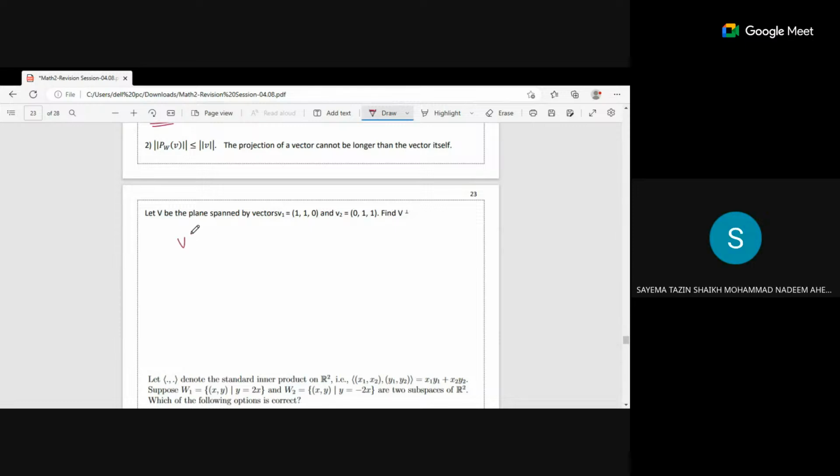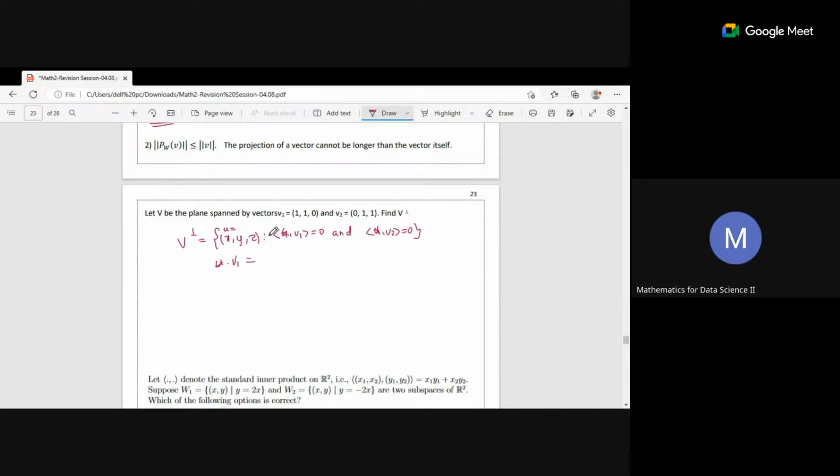Just take a vector x, y, z, take the inner product with V1 and set it equal to 0, and the inner product of U with V2 is also 0. Let us consider the usual inner product, because when no specific inner product is mentioned, you consider the usual inner product.